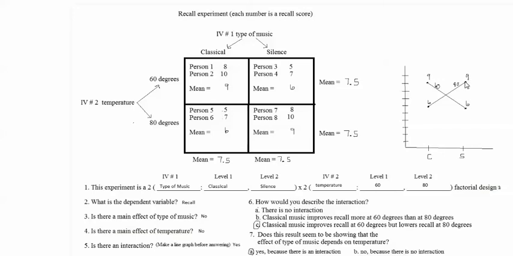But when you go to classical, it drops down to 6. So classical improves recall at 60 degrees, but lowers recall at 80 degrees. The classical music has an opposite effect at the two temperatures. So this result seems to be showing that the effect of type of music depends on temperature. Yes. Because there is an interaction.